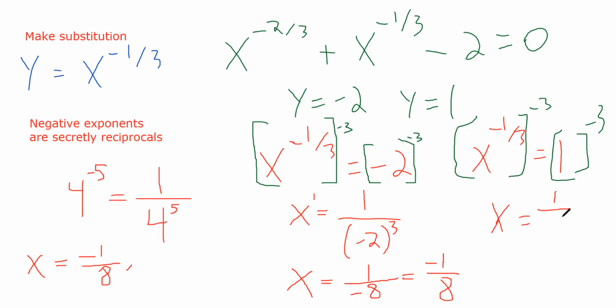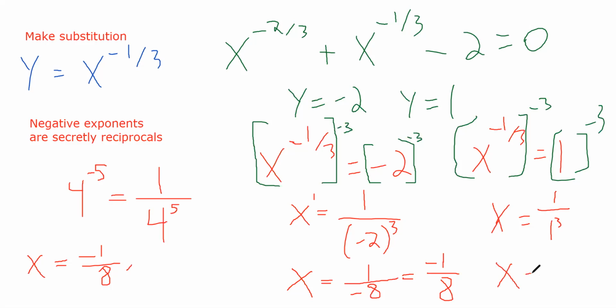That would put that 1 on bottom. That's supposed to be a 3 power. That would cause us to reciprocate. This 1 on top, but then it's going to put the 1 down to the bottom and make it 1 cubed on bottom. And then what is 1 cubed? What is 1 times 1 times 1?